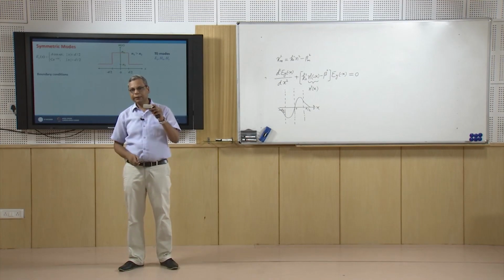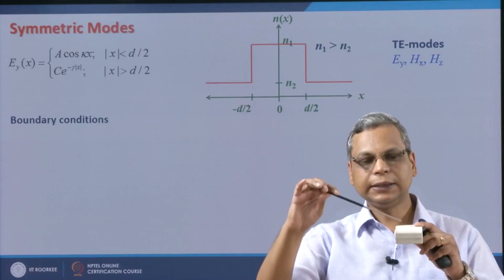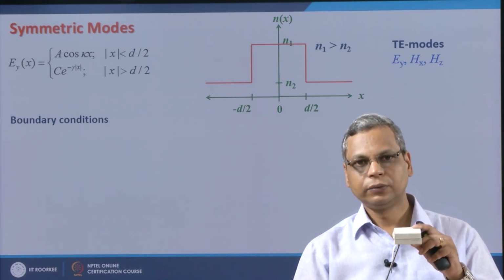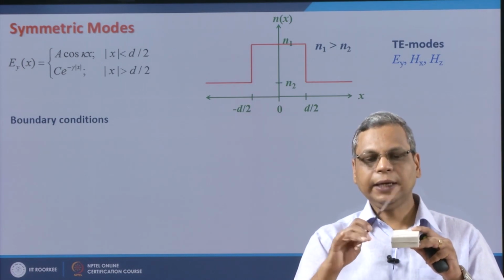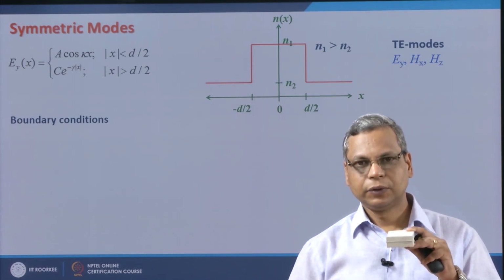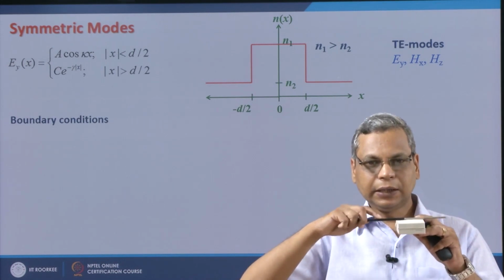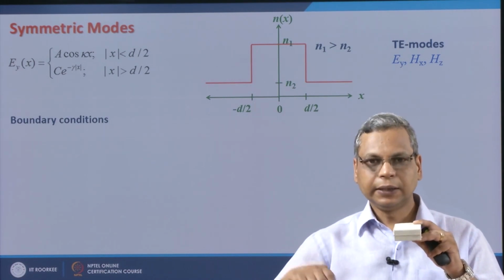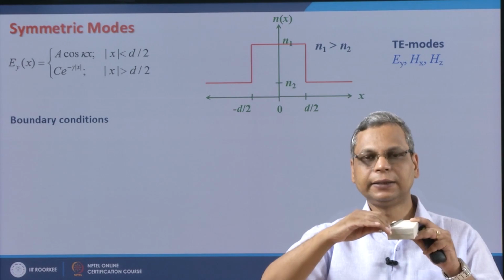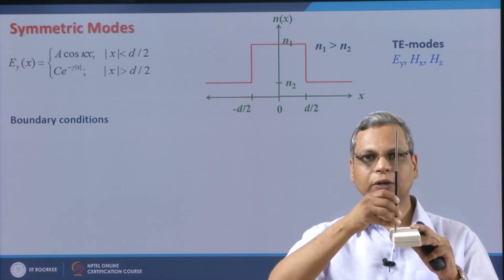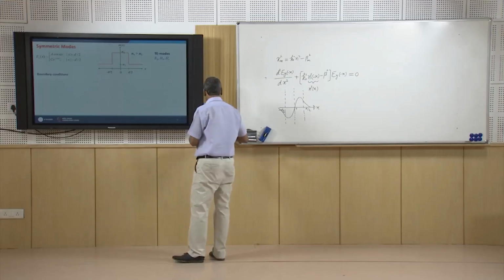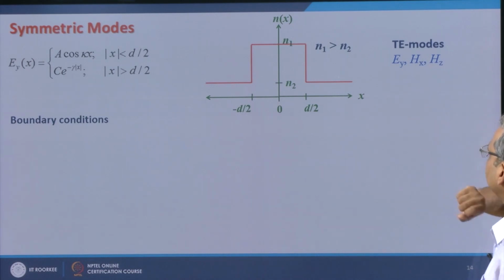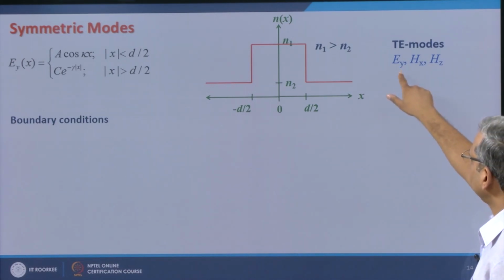This is the waveguide, this is x equal to plus d by 2, this is x equal to minus d by 2, this is y, this is z. So, to this interface, the tangential components are y and z, x is the normal component, and here the non-vanishing components are Ey, Hx and Hz. So, the tangential components are Ey and Hz.